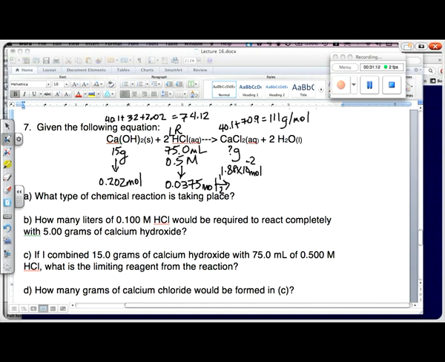So take those moles times 111 grams per mole so that they cancel. And I get 2.09 grams as my answer for D.